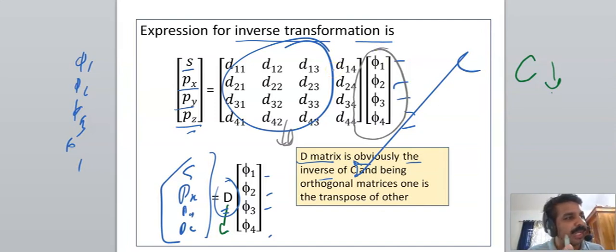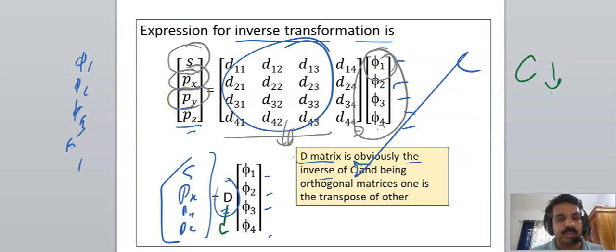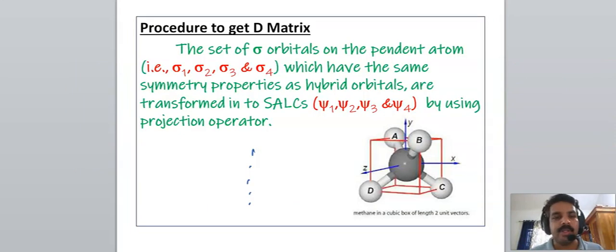We can easily find the D matrix because it is the transformation of our equivalent basis functions phi1, phi2, phi3 and phi4. These are hybrid orbitals expressed as linear combinations of the atomic orbitals. This can easily be found from the projection operator method.